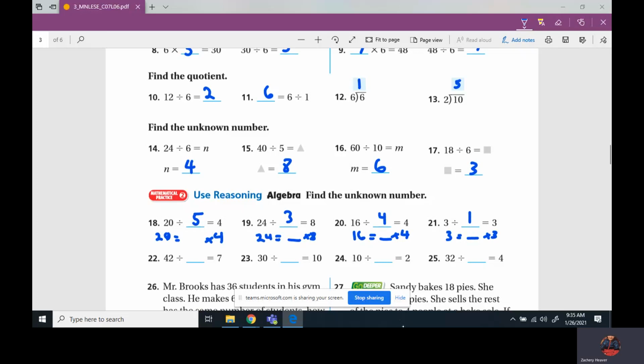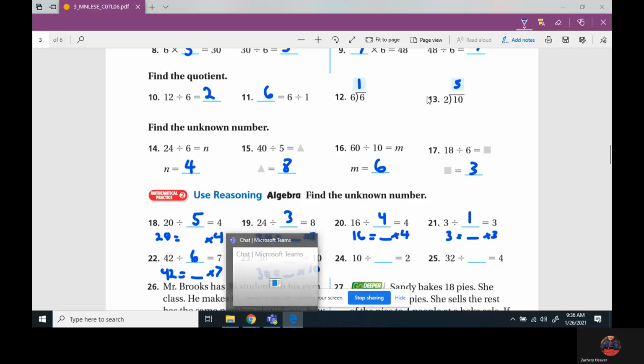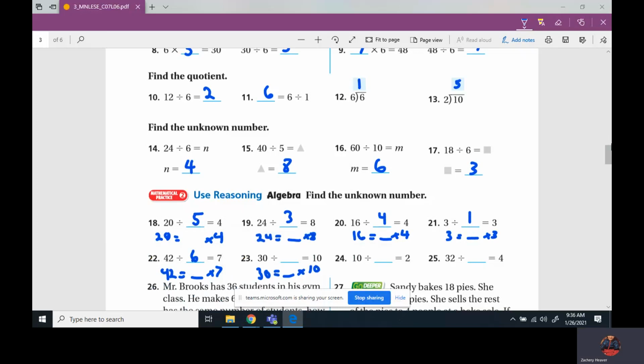Caleb, 42 divided by blank is 7. 7 times what equals 42? 6. Cortland, 30 divided by what equals 10? We're going to say 10 times what equals 30? Nope, that makes 200. 10 times what makes 30?